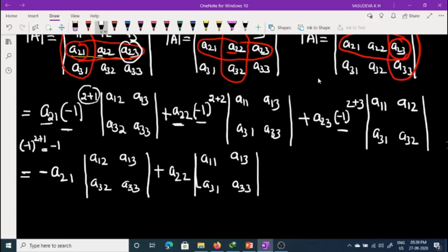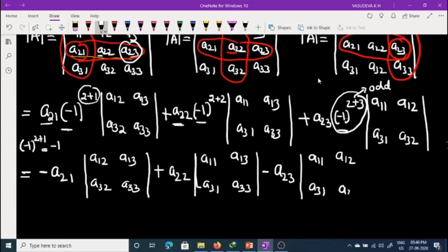Now here minus 1 to the power of 2 plus 3. Looking at this expression, 2 plus 3 is an odd number, so it should be minus. Minus A23 into determinant of A11, A12, A31, A32.